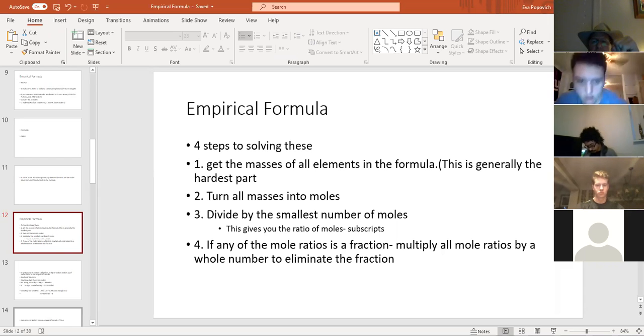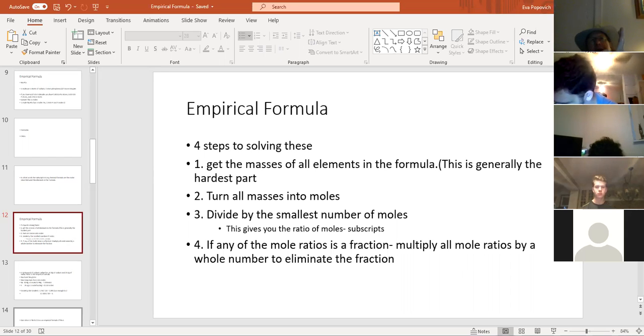Generally speaking, this is going to be the hardest part because everything else is basically written in stone. Once I get the masses, I turn them into moles. Then I look at the moles of each one of the elements within my compound, and find the smallest one. And I divide each of those moles by the one with the smallest amount.